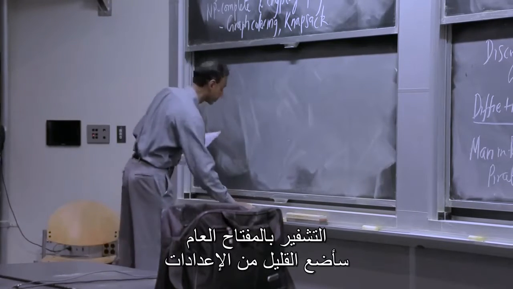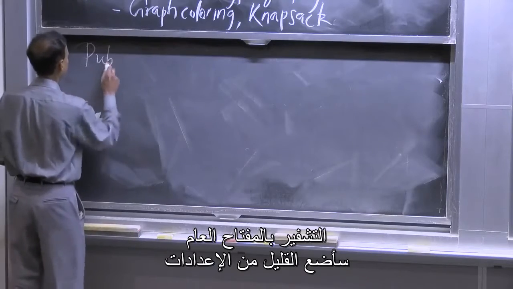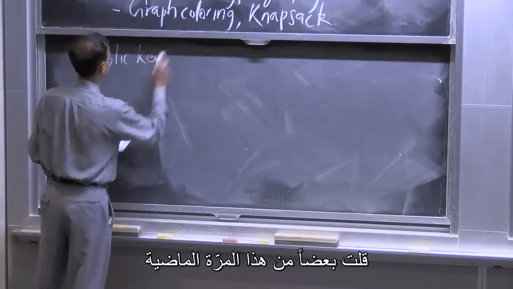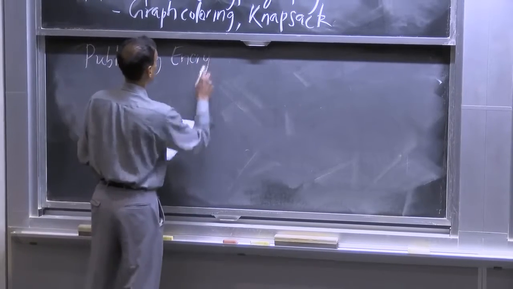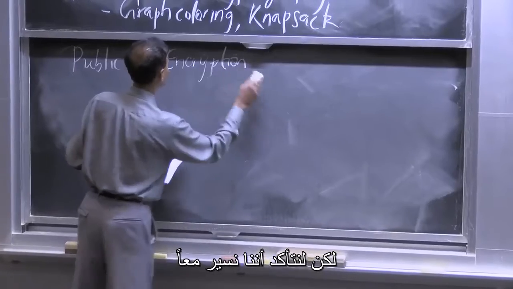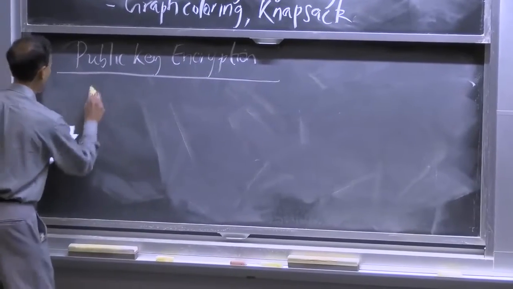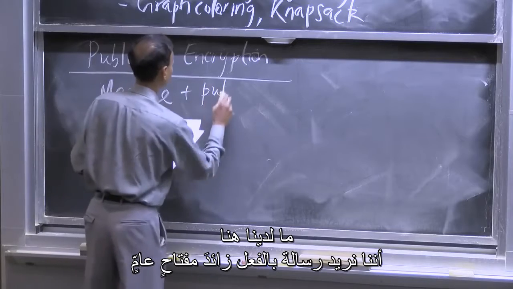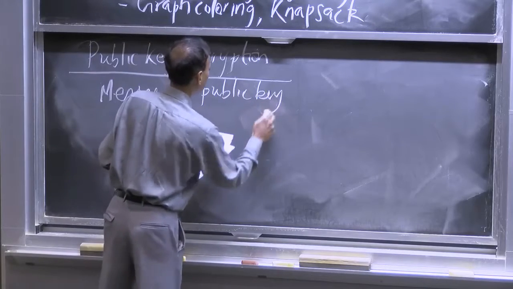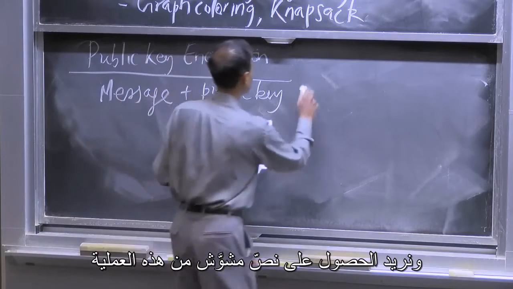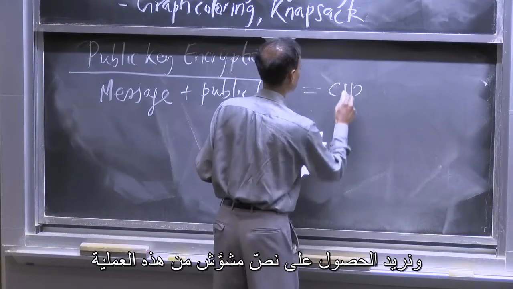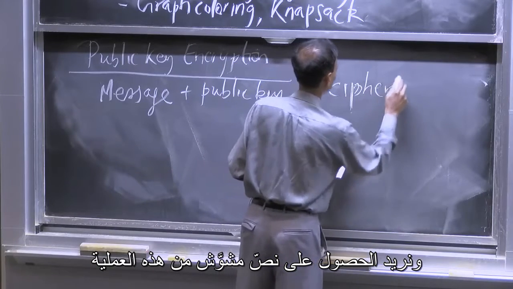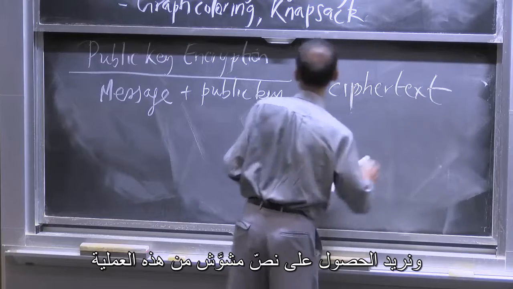So, public key encryption. Let me just do a little setup. I said some of this last time, but to make sure we're on the same page, we want a message plus a public key, and you want to obtain ciphertext using this operation.